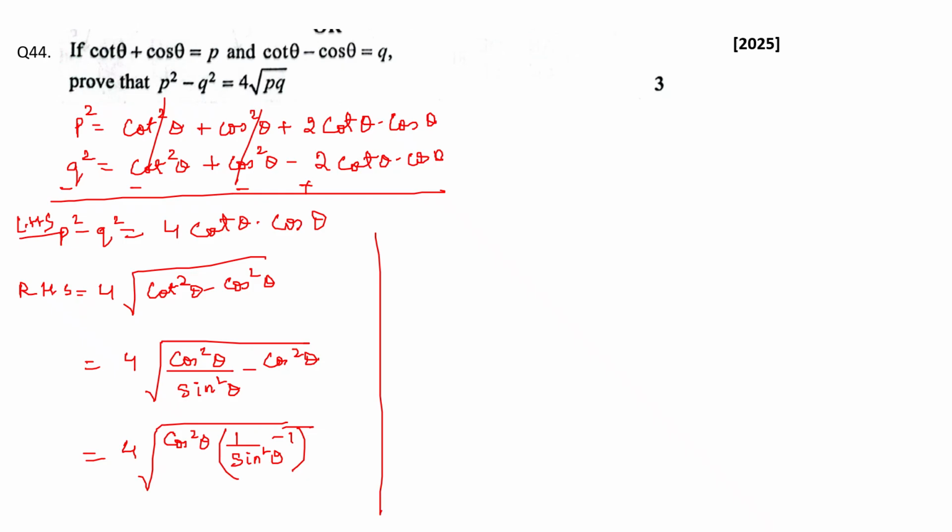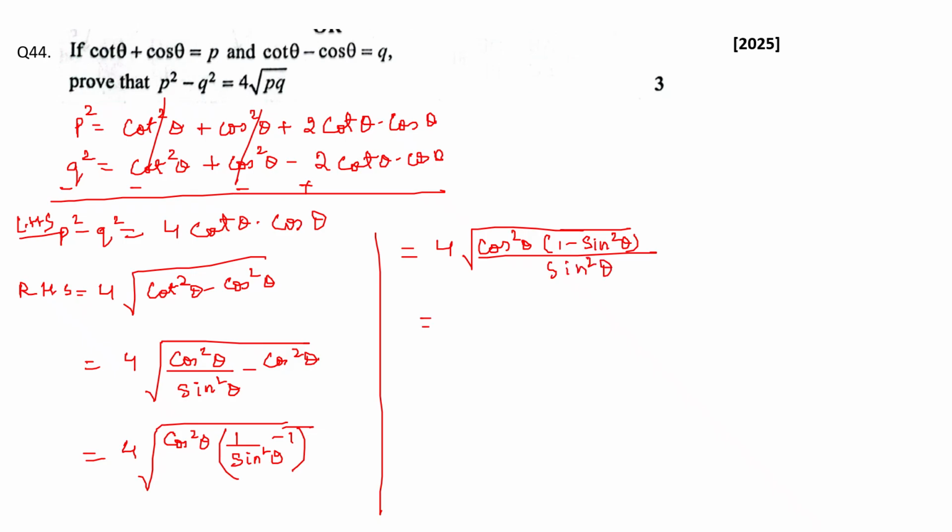Next, if you take out cos from root of cos square theta... okay, let it be in the root only. So cos square theta, take LCM, so it will be 1 minus sin square theta by sin square theta.